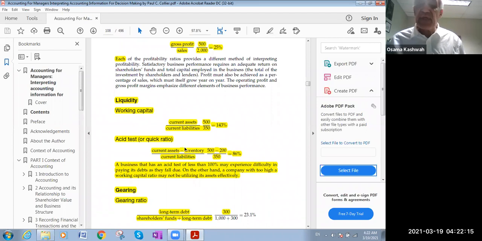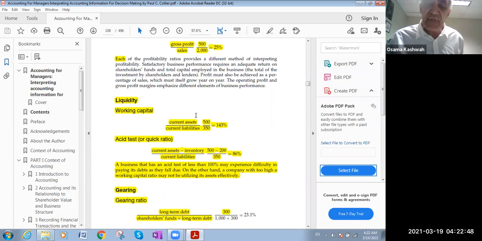If I give you an example that you have current assets of $500 and inventory of $200, then you will deduct the inventory, because sometimes the inventory is not quick to change into cash. The inventory might stay a long time before switching into cash. So it's not fair to calculate the liquidity ratio with inventory included.